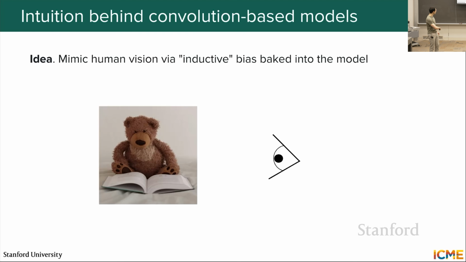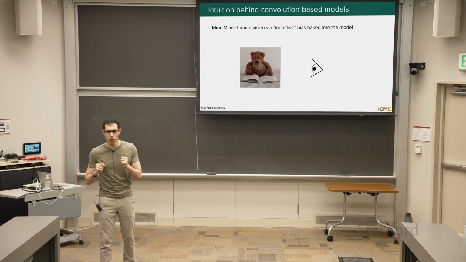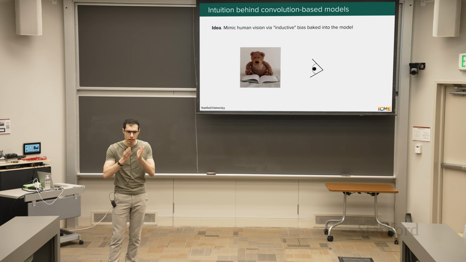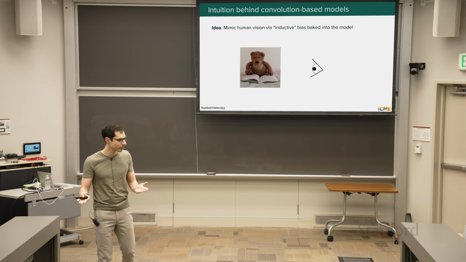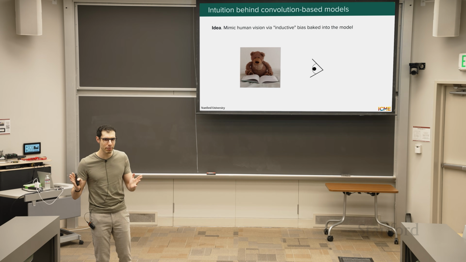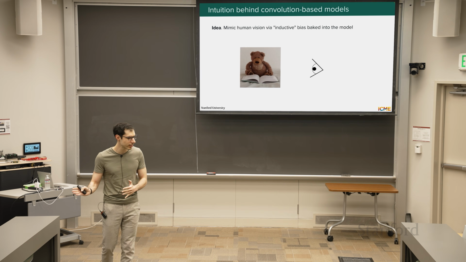So one natural way of thinking about how to build such a model is to have this bias. I will call it bias, and I will justify why I say it that way. We want our model to be biased towards looking at the image in the way we humans look at it. I'm going to call that bias inductive bias.